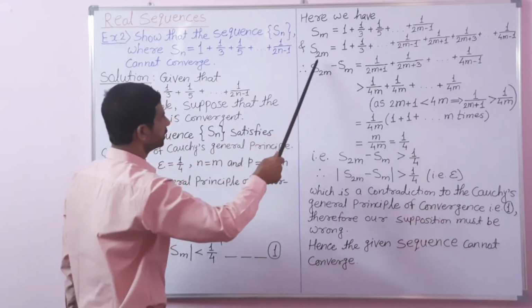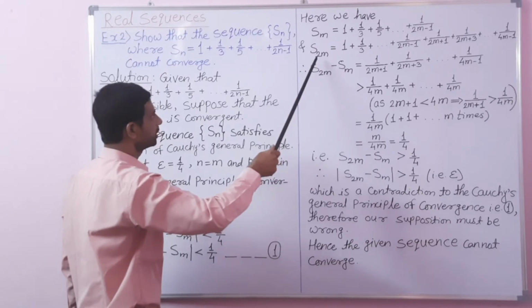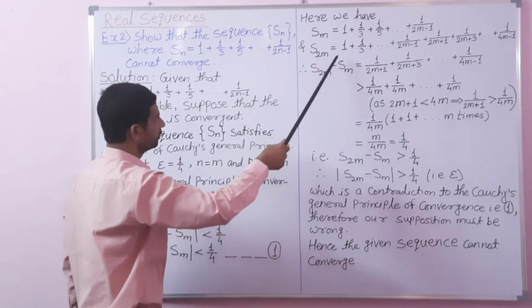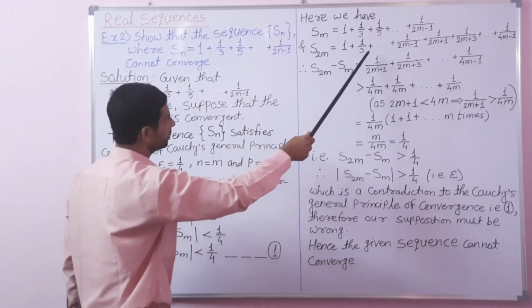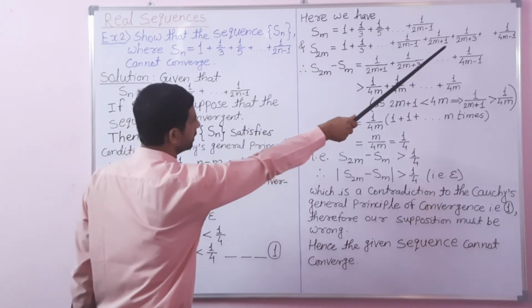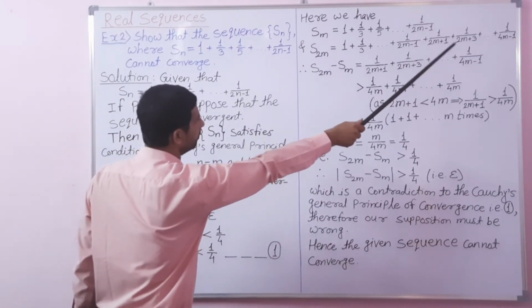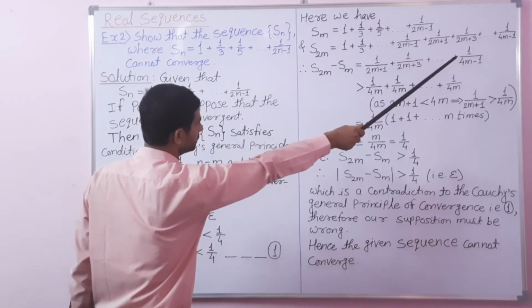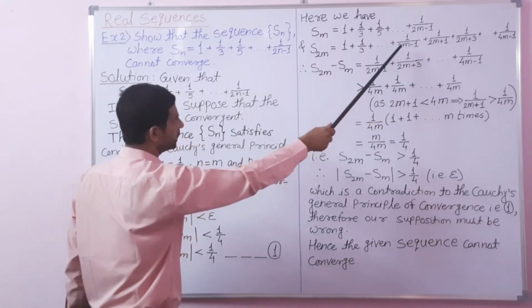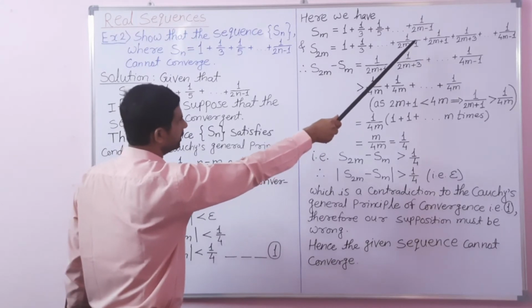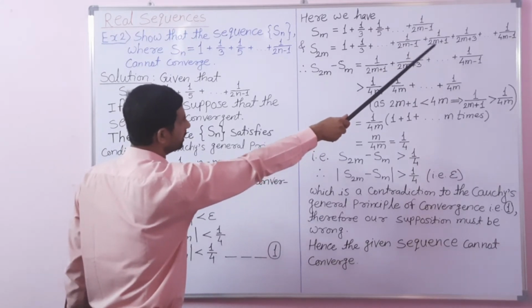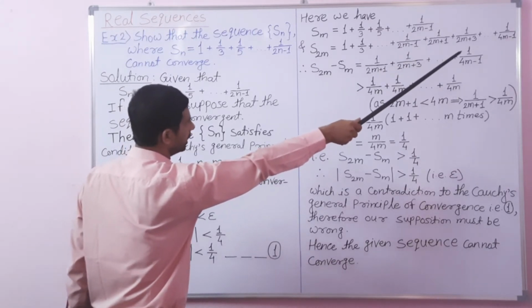Similarly, S2m, the 2mth term of the given sequence, will be 1 plus 1 by 3 plus so on, up to the last term, plus 1 upon 4m minus 1. But before the 4m minus 1, we have the in between terms as 1 upon 2m minus 1 plus 1 upon 2m plus 1 plus 1 upon 2m plus 3 and so on.